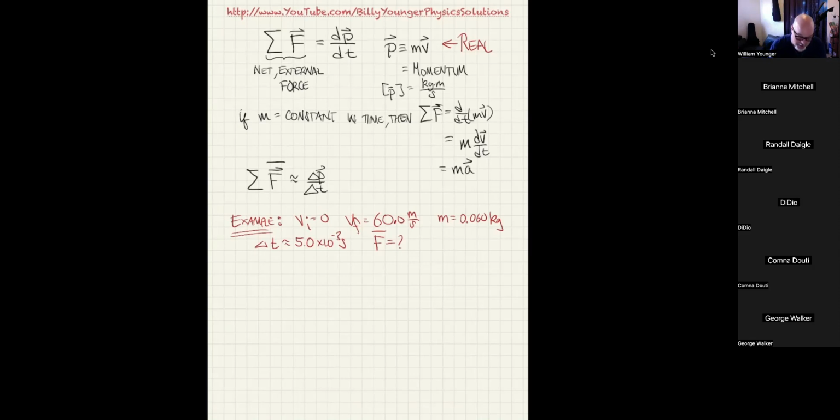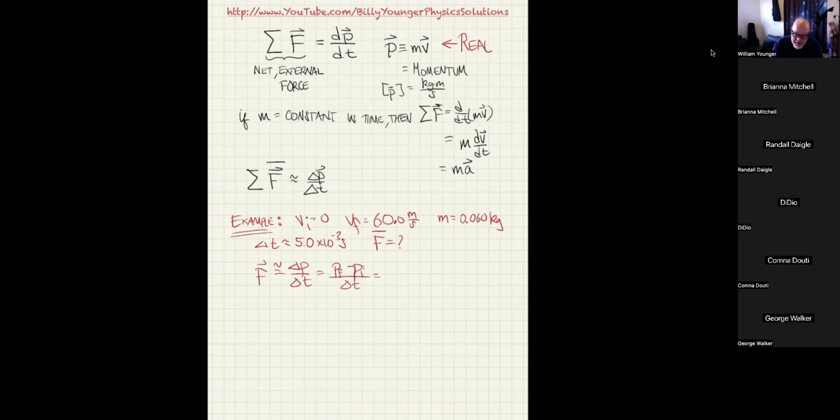So with that in mind, I can say that the average force is about equal to delta P over delta T. And remember, the delta always means final minus initial. So this is P final minus P initial over delta T. And that's just the ugliest P I've ever written in the world. But anyways, it's mass times velocity.